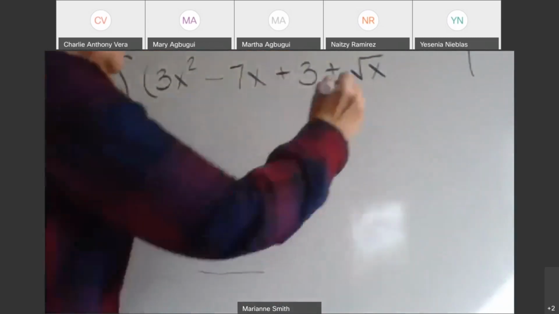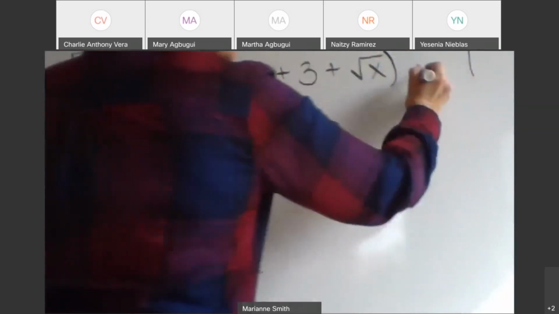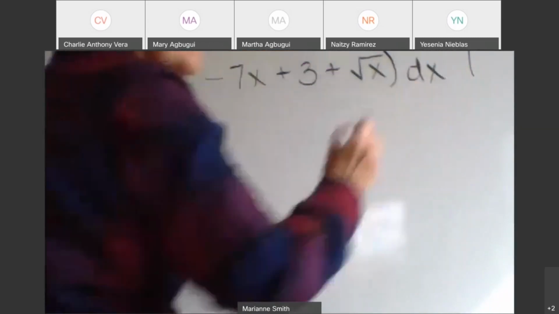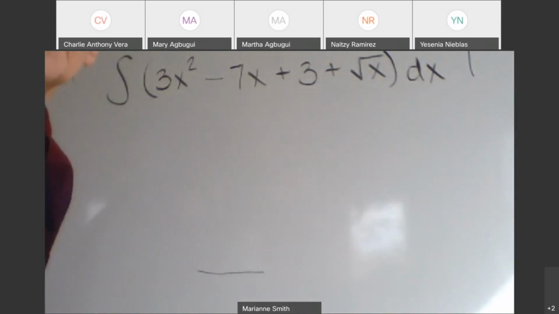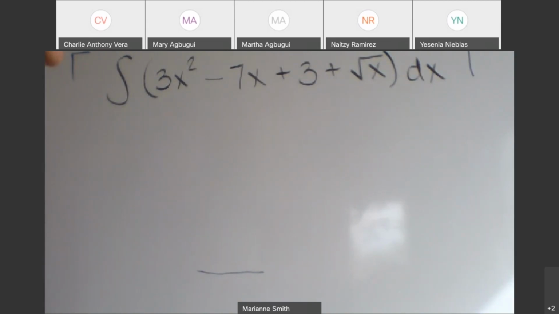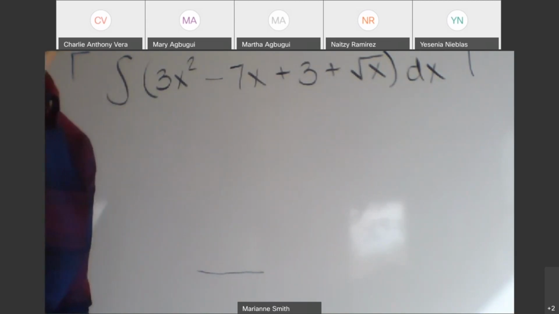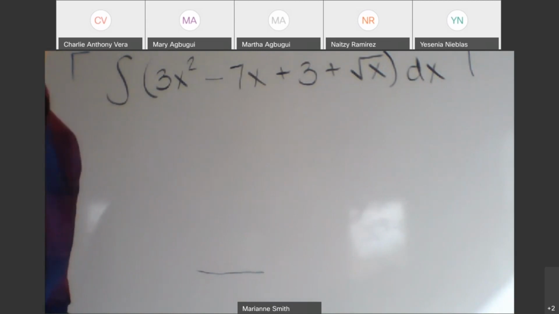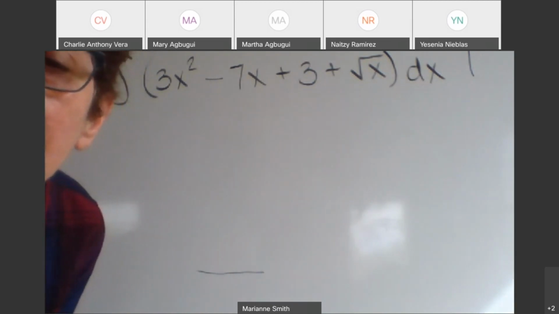Okay, and I got my dx here. Everybody read that. Basically, I have the integral of 3x squared minus 7x plus 3 plus the square root of x dx. Give this a shot.